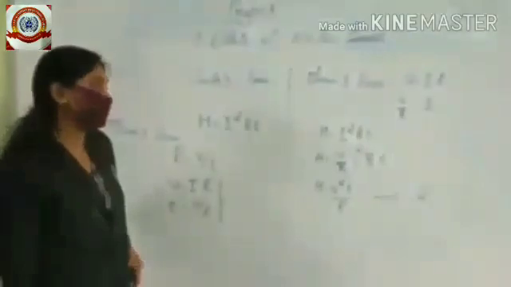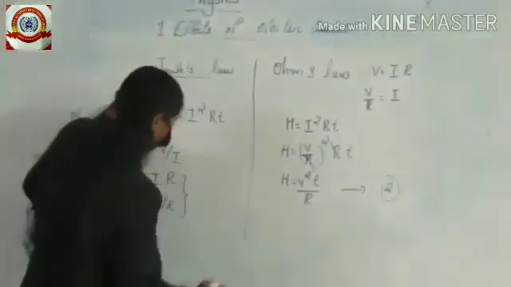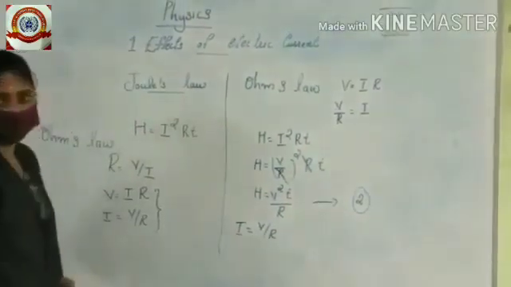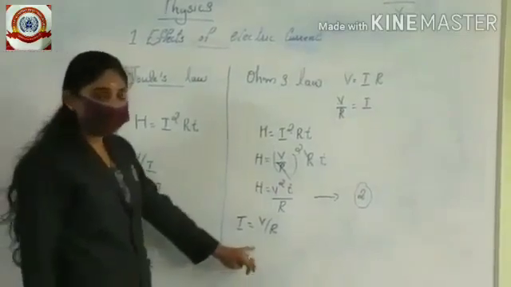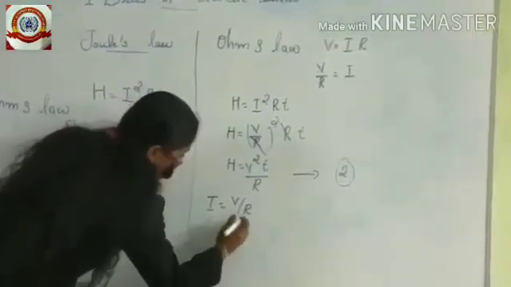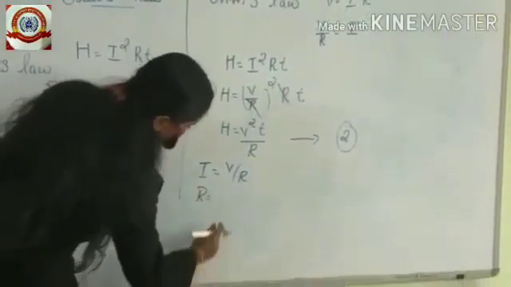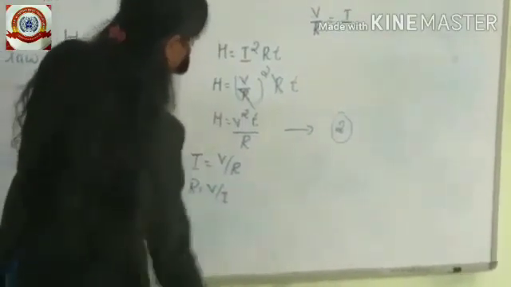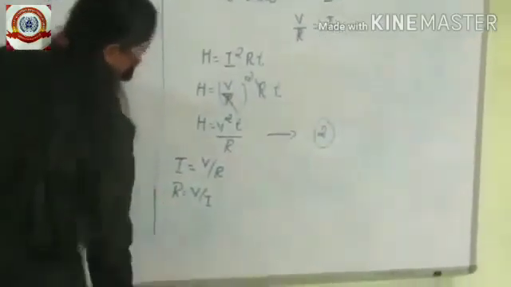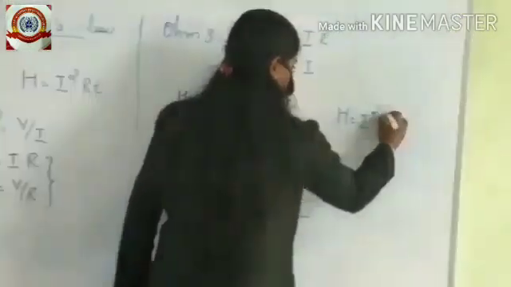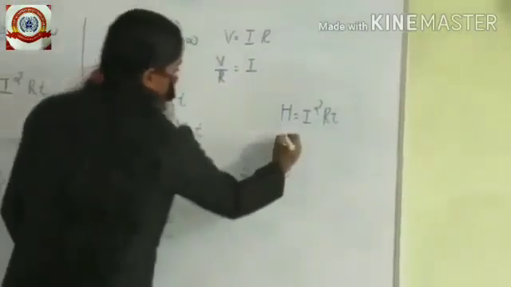Do you understand? So the third equation. Okay. Third equation using I equals V by R. From here we are going to derive an equation for R. R equals V by I. By replacing R with V by I in the equation H equals I square RT.